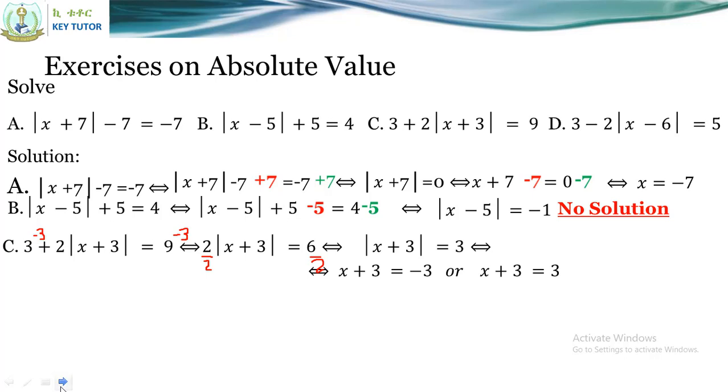So x plus 3 is negative 3 implies, when you solve, you subtract 3 from this side, and from the other side also you subtract 3.